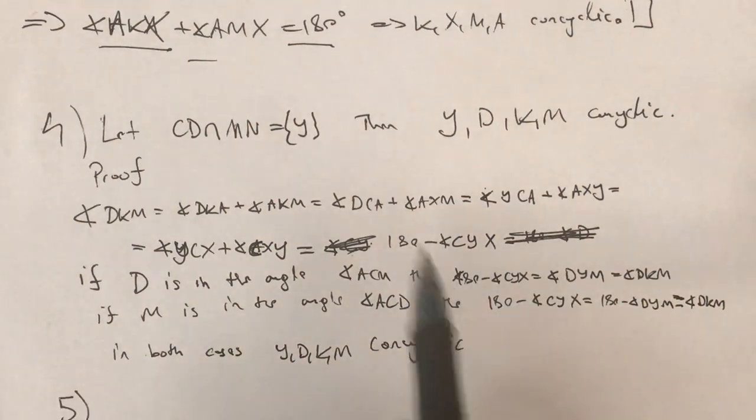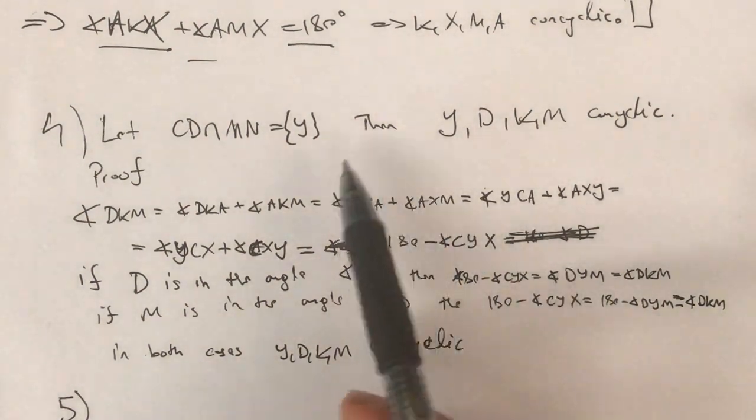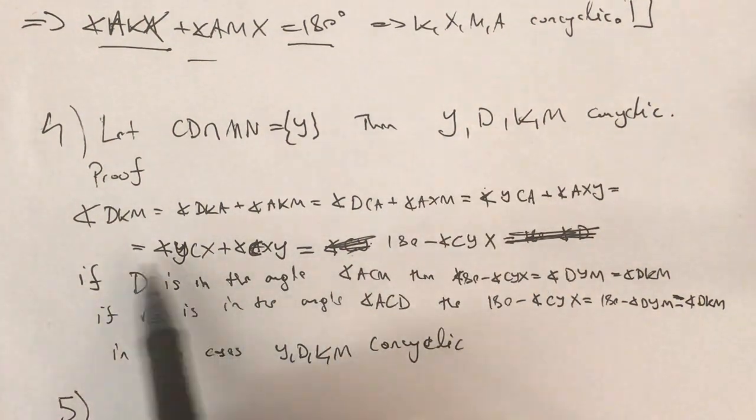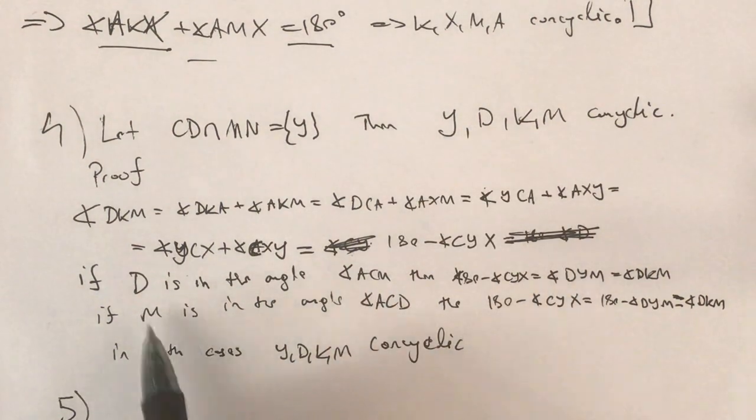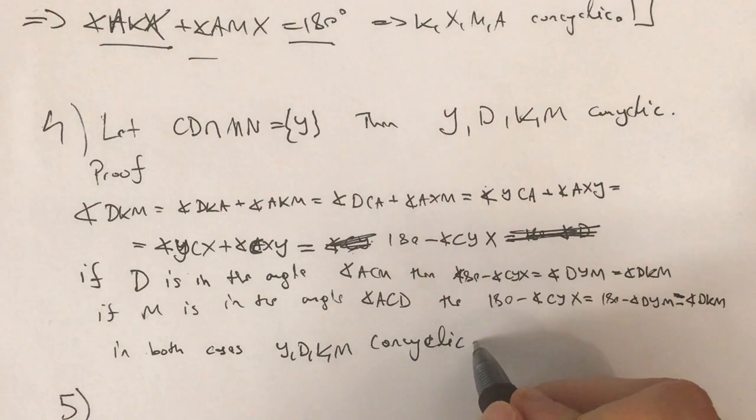And notice that in our proof, if you just read it without any of the context that I gave you beforehand, you would be thinking, why is this person proving this? Well, we have two cases: M is in the angle ACD, or it's outside of the angle ACD. These are the two cases, and in both cases, YDKM are concyclic.